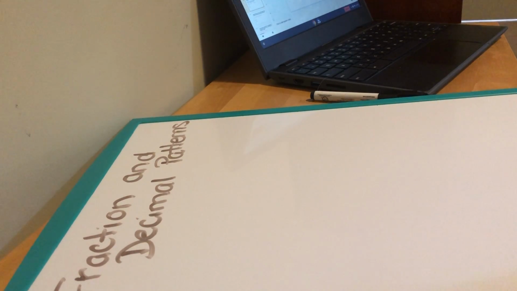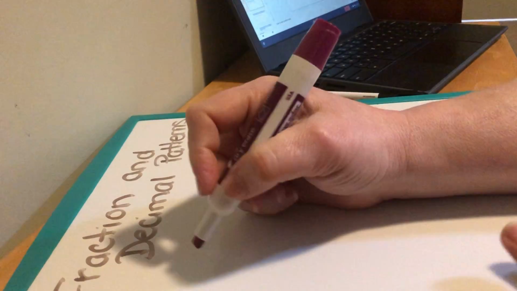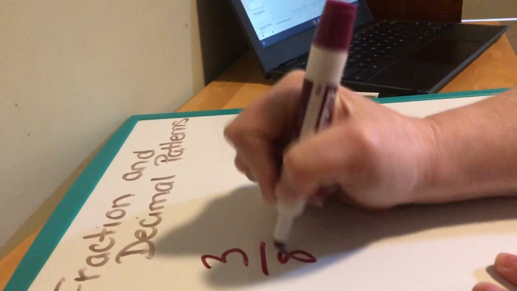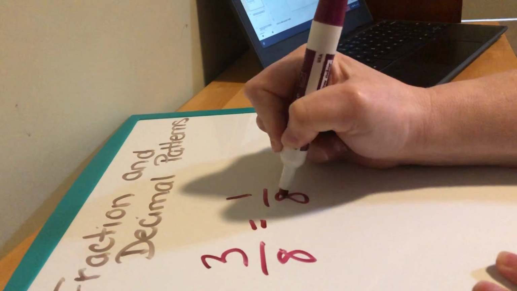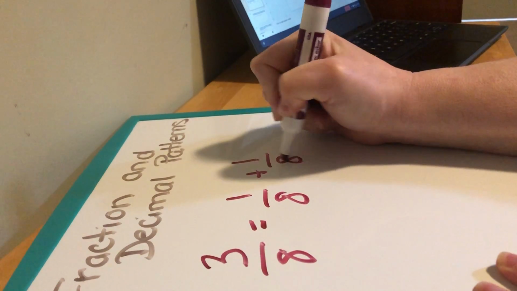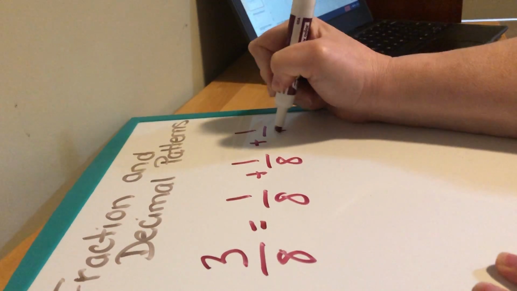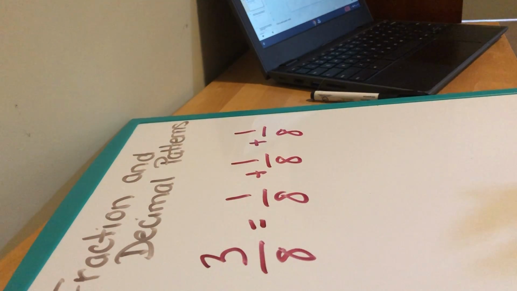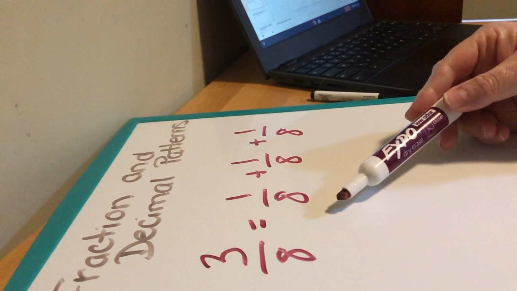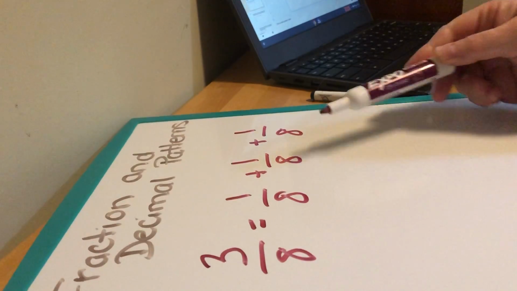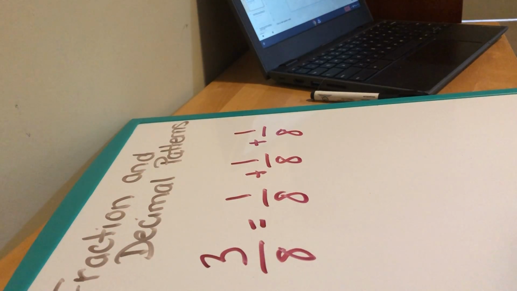And we can use these unit fractions and we can add them up. So we know that 3/8 as a fraction is really 1/8 plus 1/8 plus 1/8. We know that there are 3 unit fractions that will add up to equal 3/8.